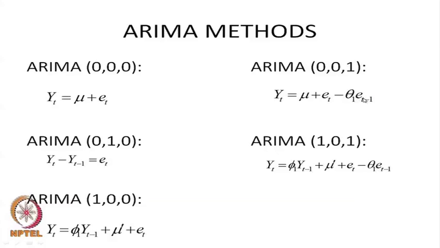You can see this is a constant, this is the error term, and this is the moving average term. Here both AR and MA are present without differencing. So, this is a case of ARMA 1, where this part is autoregressive, this part is moving average, this is the constant, and this is the error term.